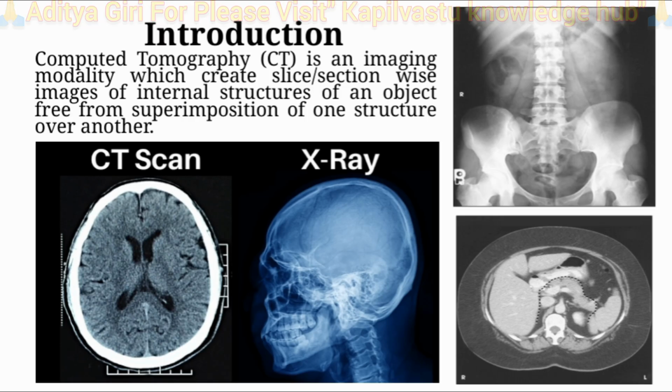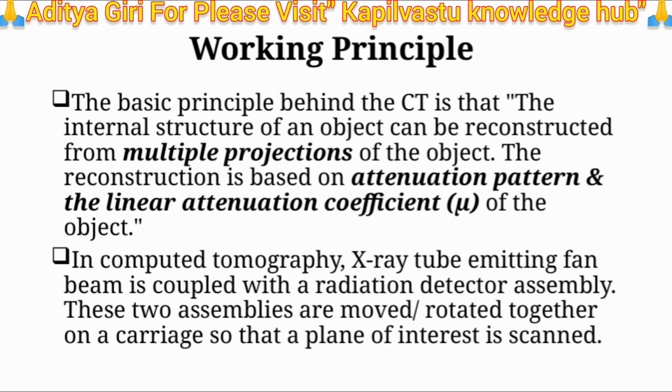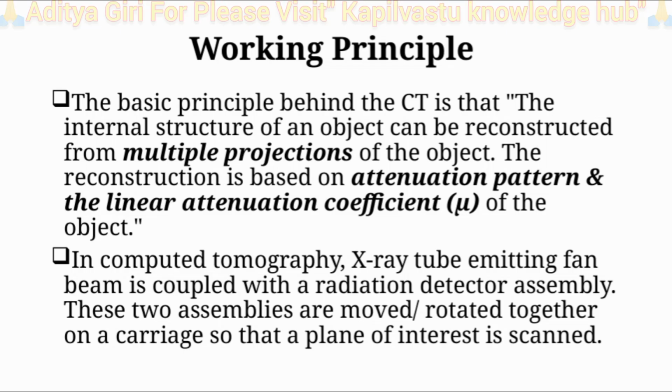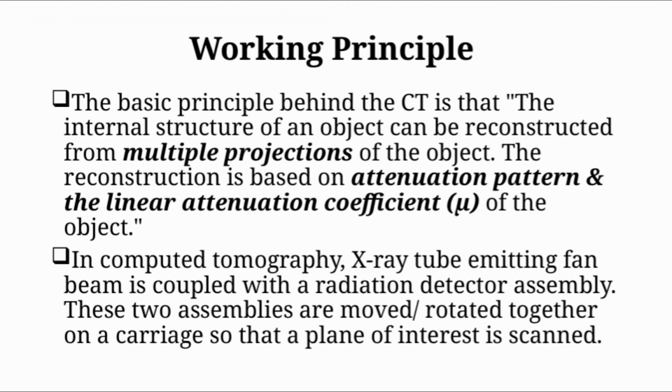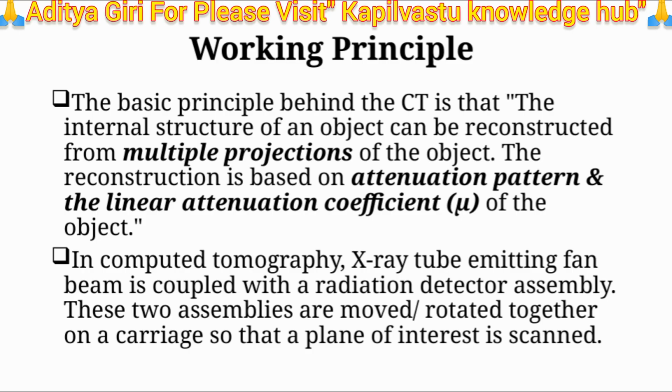anatomy effectively. The basic principle behind computed tomography, or CT, is that we can reconstruct the internal structure of an object by analyzing multiple projections of it. Essentially, by taking various images from different angles, we gather enough information to piece together what's inside.